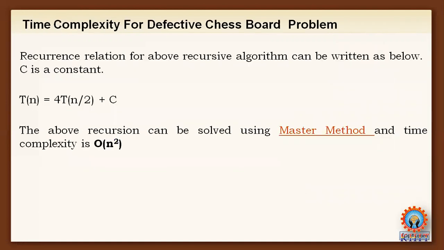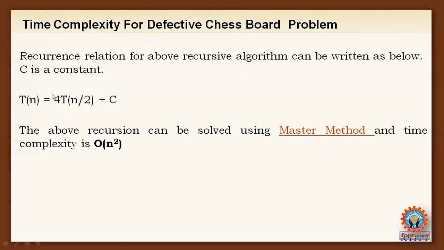And it is time to find the time complexity of the defective chessboard problem. The recurrence relation is helpful for finding the time complexity. We can generate the formula from the recurrence relation: T of n equals 4 into T of n by 2 plus c, where c is a constant and n by 2 is because in each iteration the given chessboard is divided into subparts.